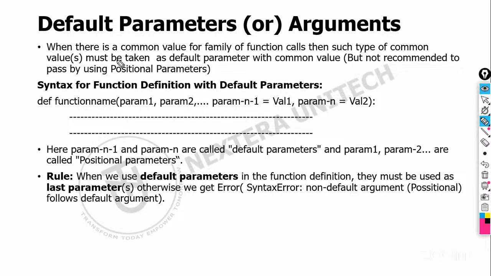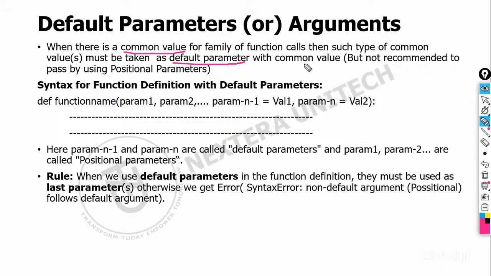Whenever there is a common value for a family of function calls, such type of common value must be taken as default parameter.